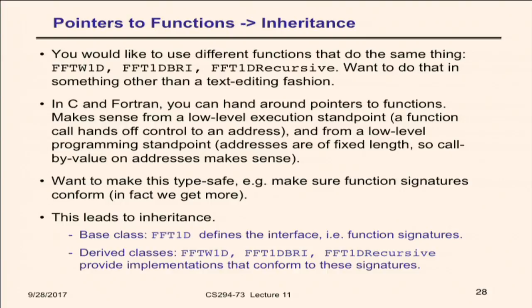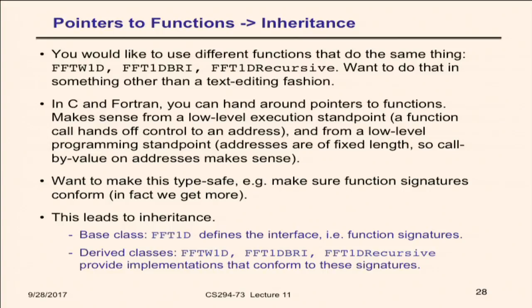So a function call hands off control to an address, and addresses are fixed length, so call by value on addresses makes sense. So you can pass functions as just some funny kind of pointer, a particular kind of pointer, through function calls.